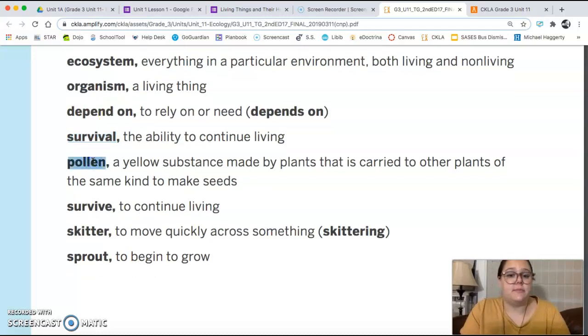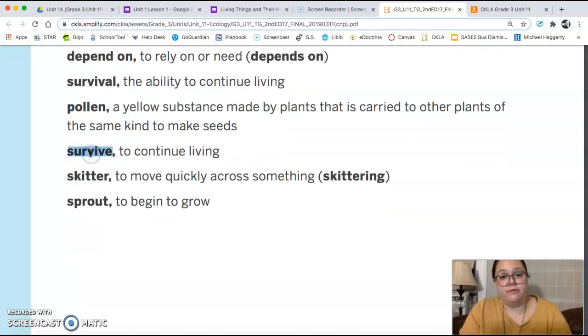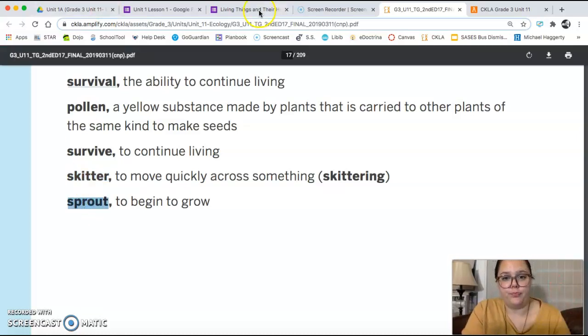Pollen is a yellow substance made by plants that is carried to other plants of the same kind to make seeds. Survive is to continue living. Skitter is to move quickly across something. And then sprout means to begin to grow.